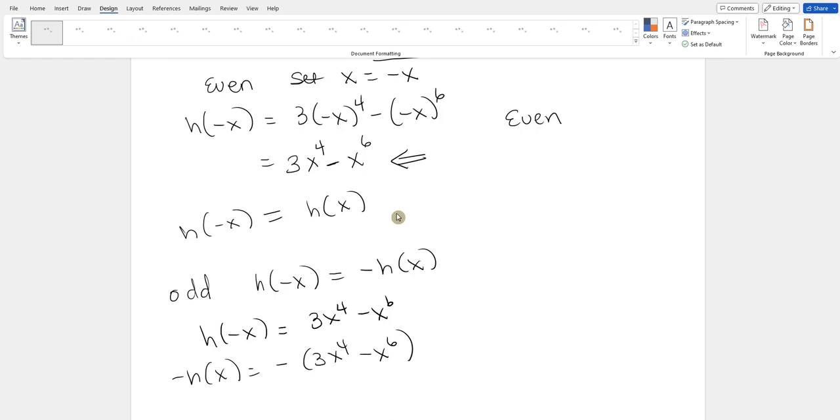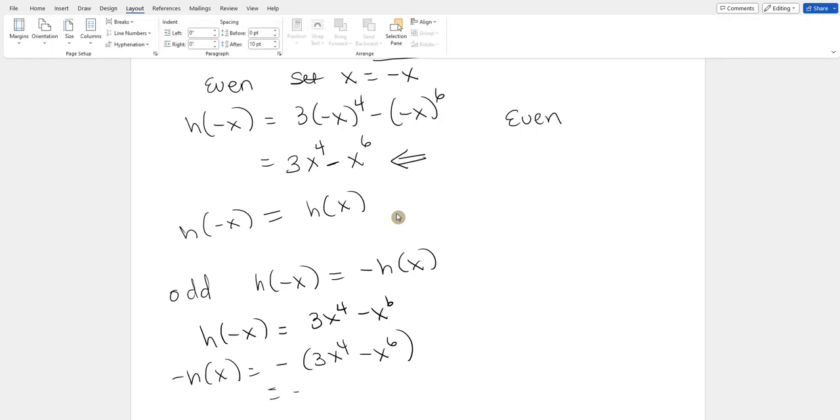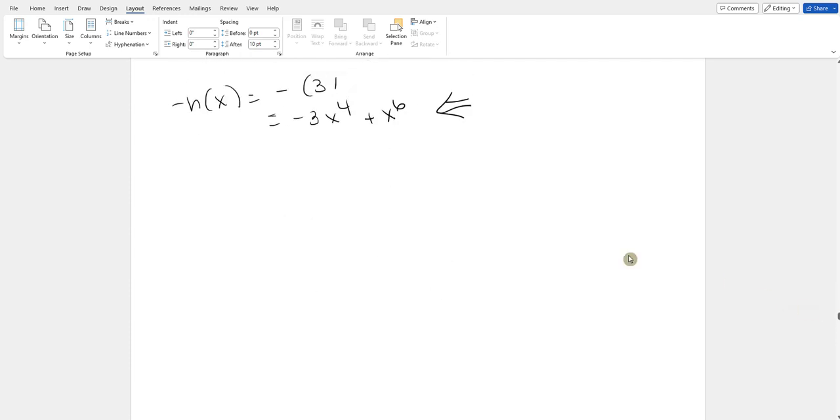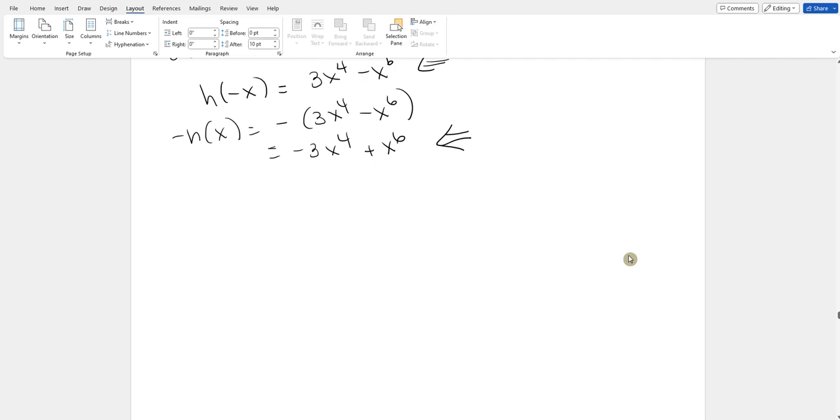When I change the signs, I get negative 3x to the fourth plus x to the sixth. I want to see whether or not this is equal to this. As you can see, they are not equal, so that means that this is not an odd function. Okay, so not odd.